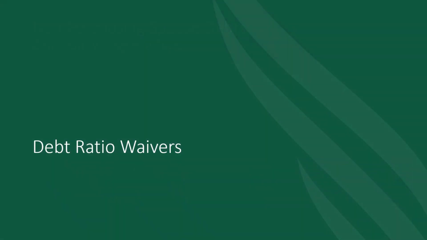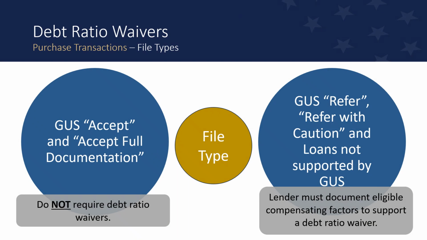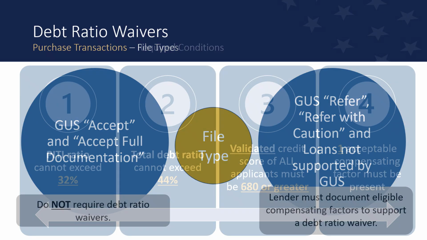In this next section, we're going to take a look at what is required for debt ratio waivers. GUS files that receive an accept or accept full documentation underwriting recommendation do not require a debt ratio waiver. Submissions that receive a GUS recommendation of refer or refer with caution and loans that are not supported by GUS must have documentation supporting eligible compensating factors to support a debt ratio waiver.